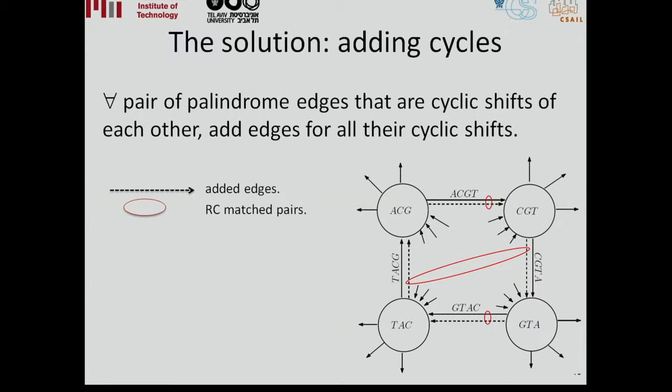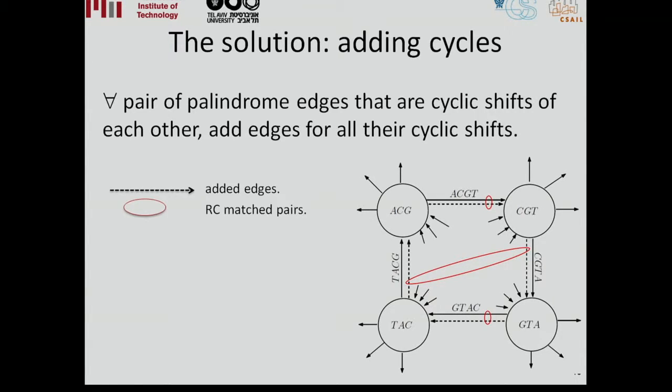Here we take care of two palindromic edges, and the result of our process is that we'll have both pairings. So these two edges, it's a palindrome, so it's a reverse complement of itself. Same for here. And these two edges in the path, the cyclic shifts will also be reverse complements.